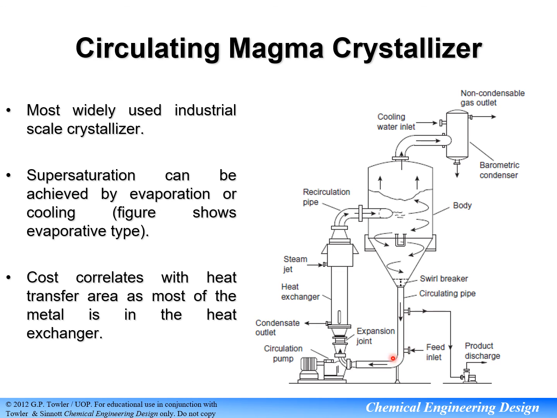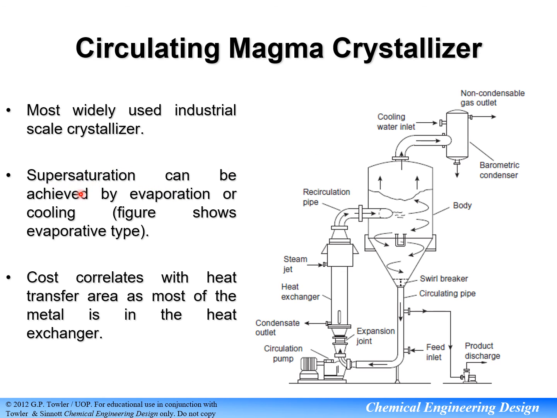Here the feed goes to the heat exchanger, and then it moves to the crystallizer. At the crystallizer, the crystals go down to the product discharge. Meanwhile, the vapor or liquid moves upward and goes to the condenser.